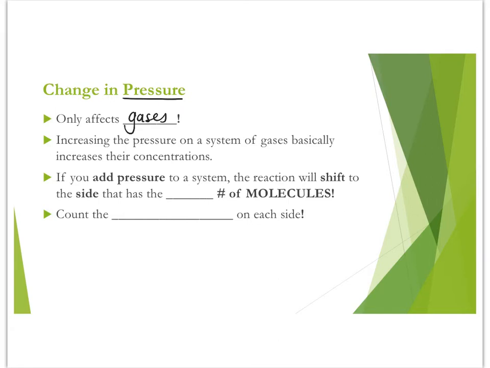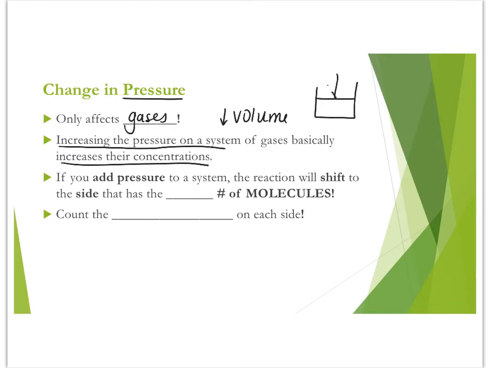When you increase the pressure of a system, you're basically increasing the concentration, because increasing the pressure means you're decreasing the volume. When we talked about gas laws, there was a container with a movable piston, where the plunger could move up and down.